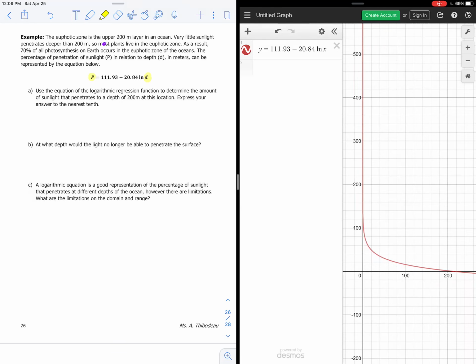Okay, so we want to figure out the amount of sunlight that penetrates a depth of 200 meters at this particular location. So we want to figure out when d is 200 meters.